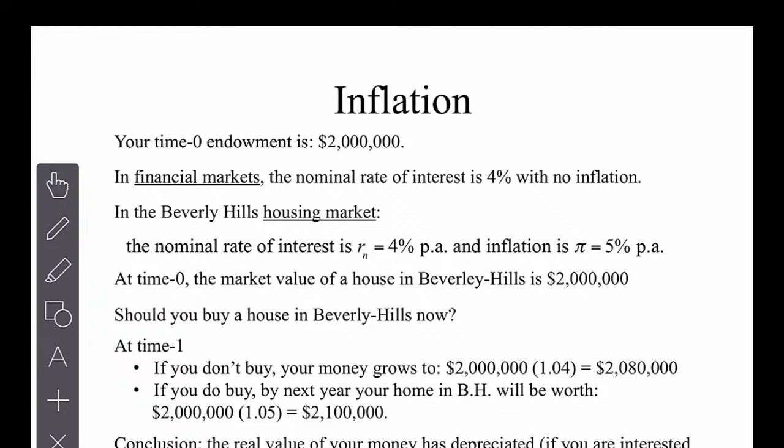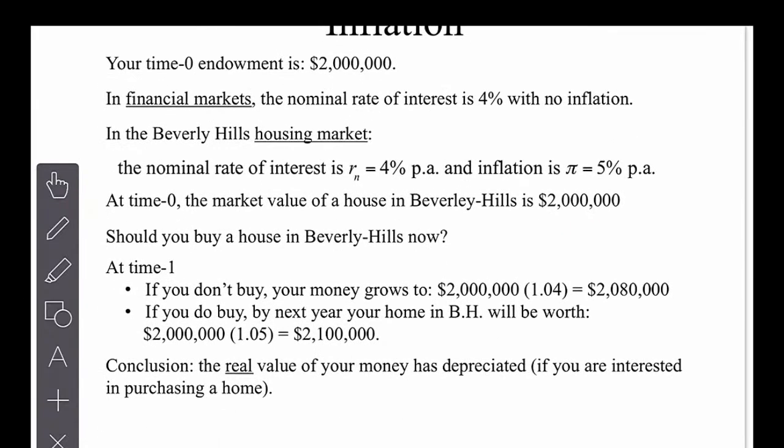What should you do? Should you buy the house in Beverly Hills? What's the alternative? Well, if you don't buy the house, you're not going to put the money under your mattress. You are a finance graduate, and you realize that there's an opportunity cost to putting it under your mattress. So instead, if you don't buy the house, you're going to put it in financial markets at a safe return of 4%.